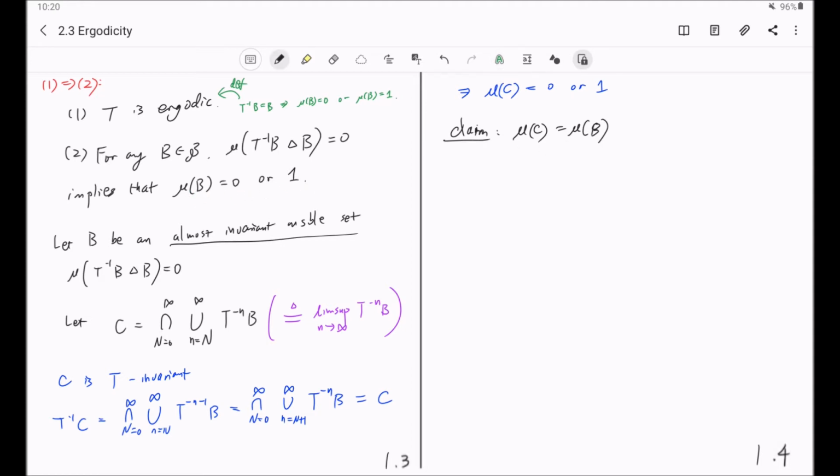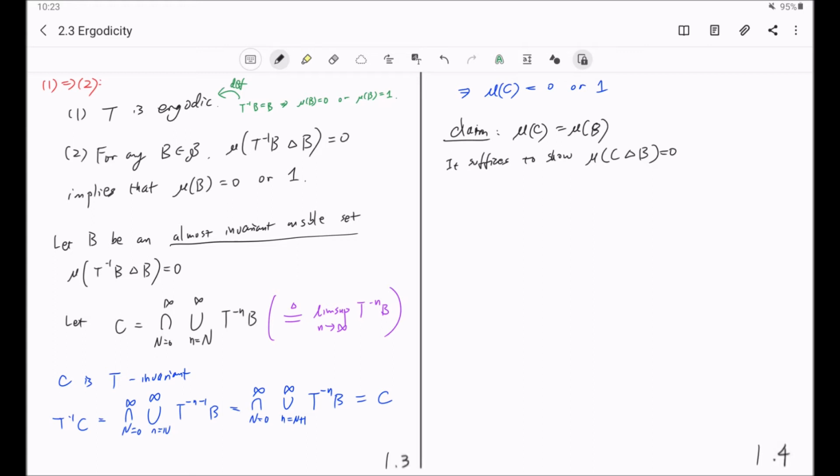In order to prove this, we observe that it suffices to prove that the symmetric difference of C and B has measure 0. By measure theory, once this is proved, then you know B and C must have the same measure. And the proof of this will involve some set theoretical manipulations. And we will do this carefully.